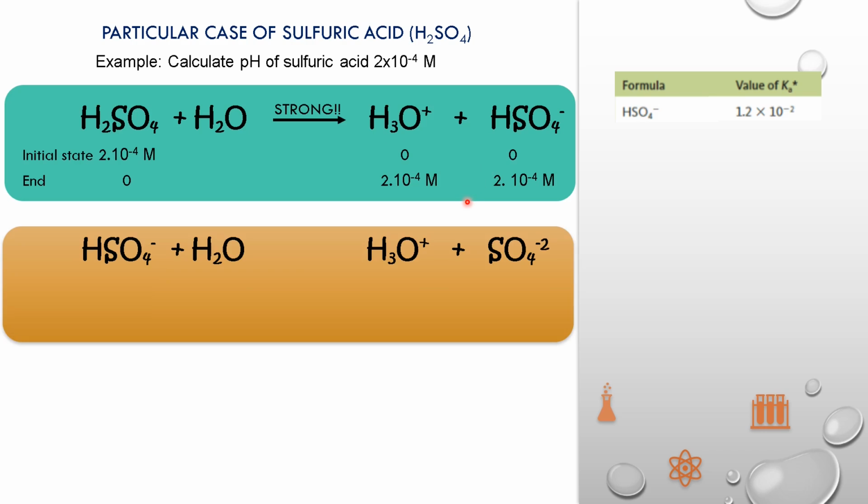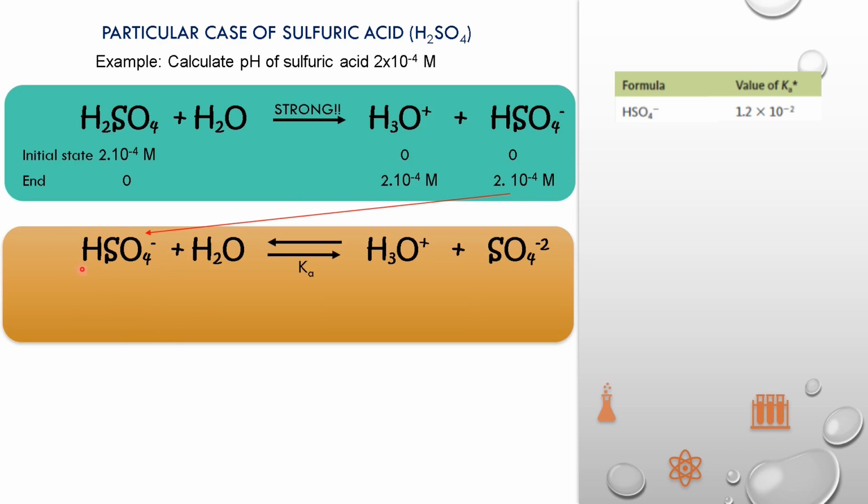But what happens in the second dissociation? This anion is called bisulfate. This anion behaves like a weak acid. You see that there's a value for Ka here in this table. So this reaction is an equilibrium. What is the initial state value of concentration for bisulfate?